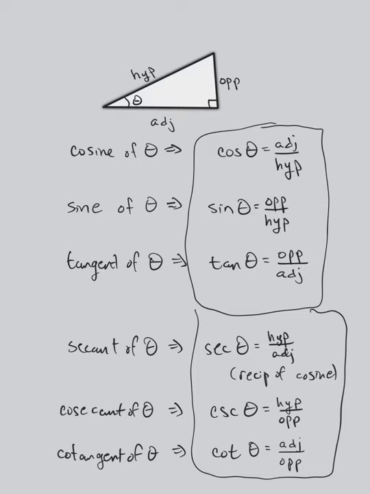Now, as far as keeping up with which one's the reciprocal of which, notice the tangent and the cotangent go together. But then notice that I have these basic root words. The root word in both of these is tangent, just one of them doesn't have a prefix, and one of them has the prefix co. Same thing down here. We have secant and cosecant, so the root is secant, and then one of them has the co. Notice that the reciprocal of the cosine is the secant.